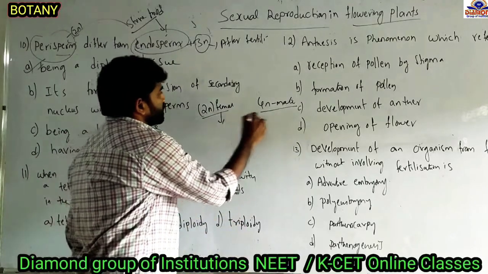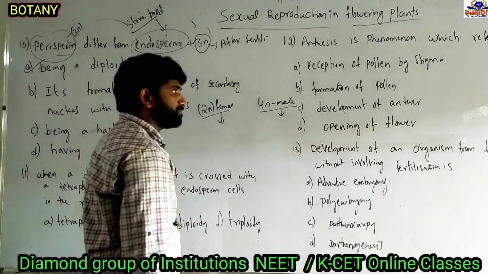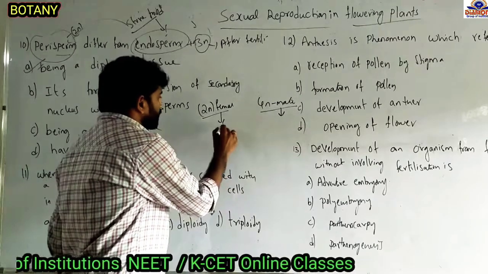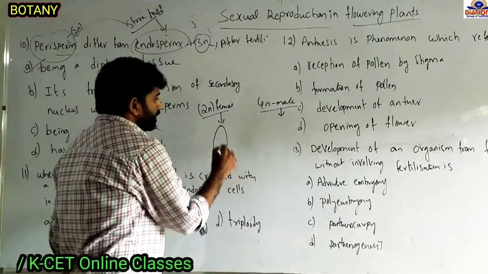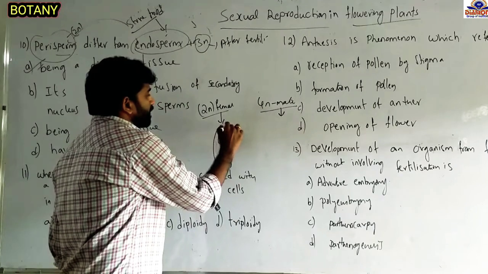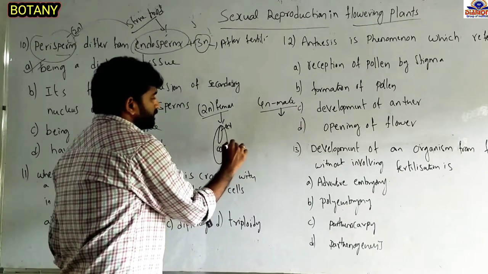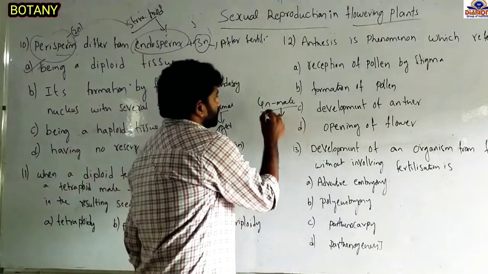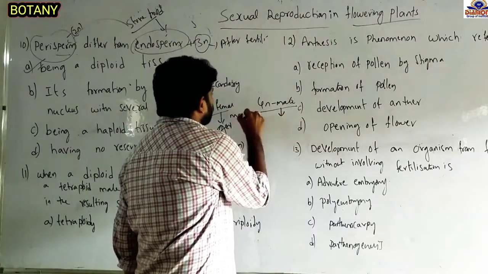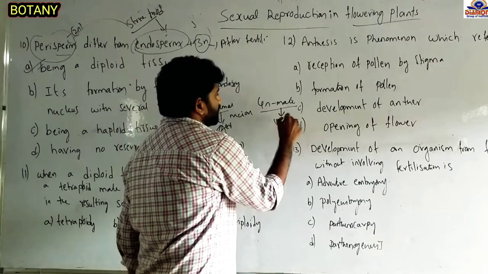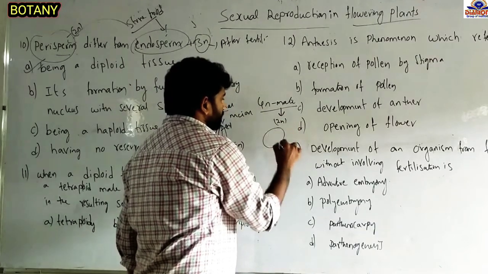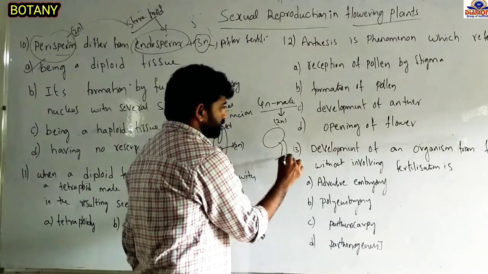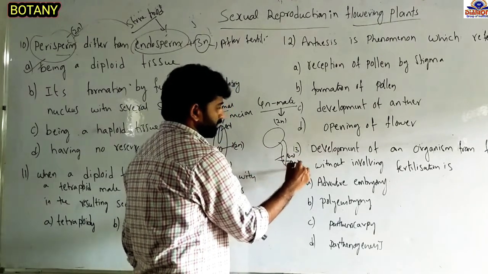Female undergoes meiosis and forms a female gametophyte, a haploid female gametophyte with a haploid egg cell and a diploid central cell. Males are tetraploid. By meiosis they become diploid male gametophytes, which we call pollen grains. The pollen grains have two male gametes, each one a diploid male gamete.